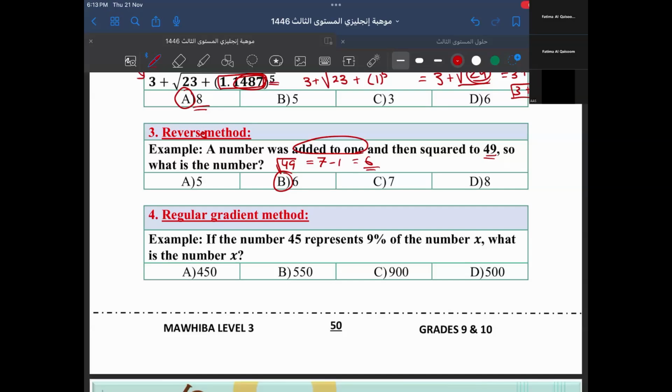Okay, guys? Is there any way to find the square root of a number? Yeah, the square root of a number, you need to memorize it. For example, what is the square root of 16, Amira? I don't know. Yeah, it is 4.